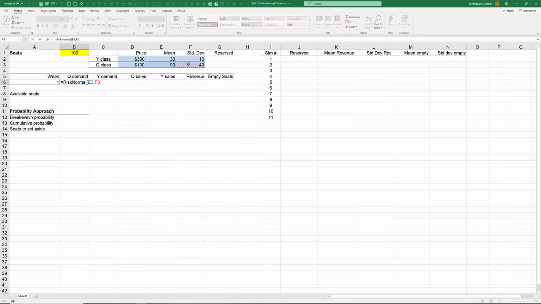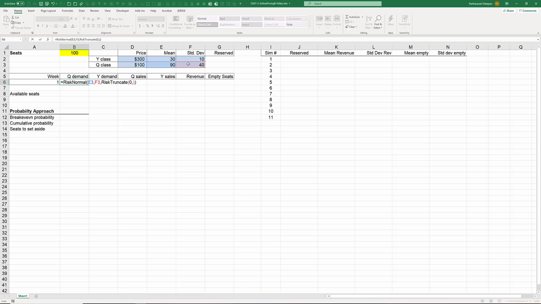Then we have to do the risk truncate. Risk truncate has two values, the minimum and the maximum. But we have only a minimum, there is no maximum, so you put a comma and nothing after the comma. That means only minimum.